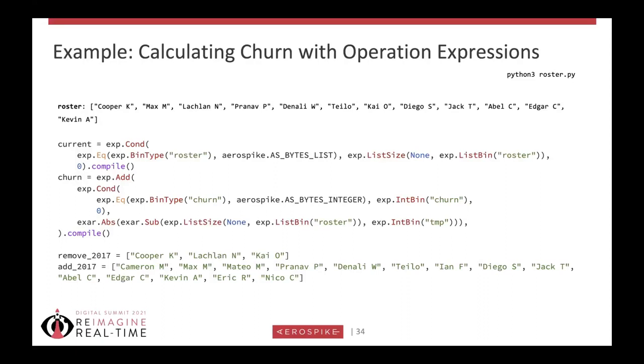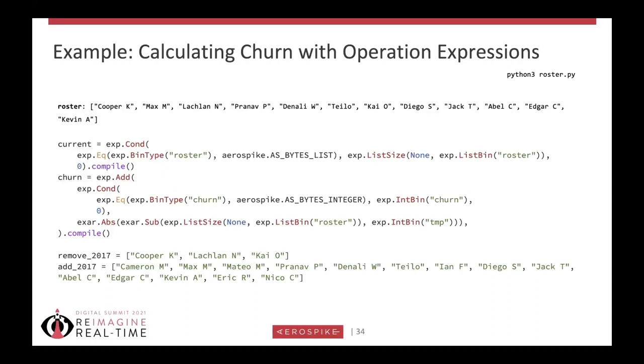The other thing that we're going to use is another conditional value here, another switch statement, which is going to basically, inside of an add, look at if there is a bin called churn, and if it's an integer, we are going to use its value. And if it's not an integer or it doesn't exist, we are going to use 0. We're going to just start with no churn because we have a 2016 roster.